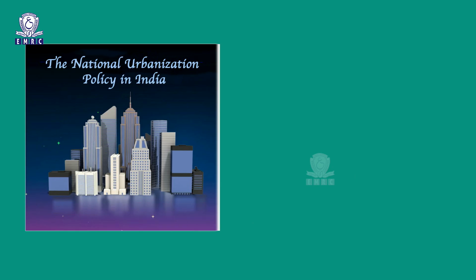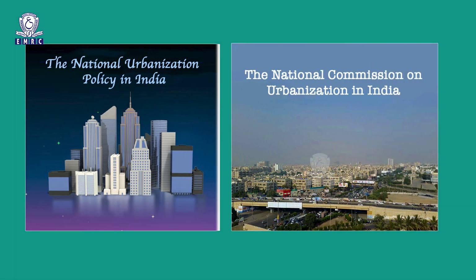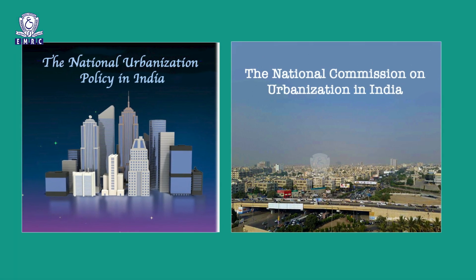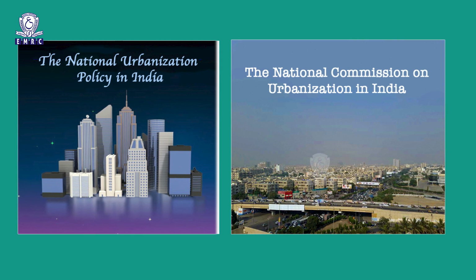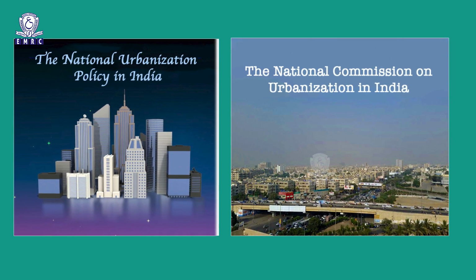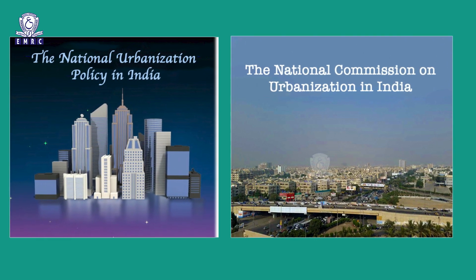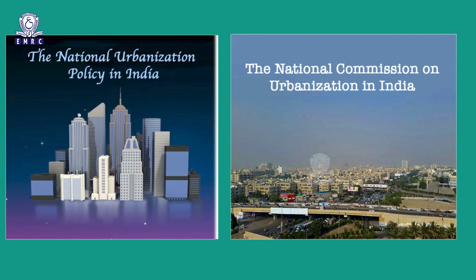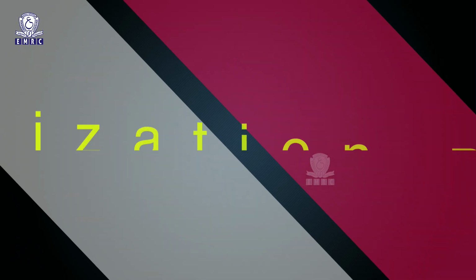The national urbanization policy in India and the National Commission on Urbanization were evolved to accelerate the social and economic development process for a conducive living environment in urban India. Since independence, urbanization and urban policy were emphasized through 5-year plans.